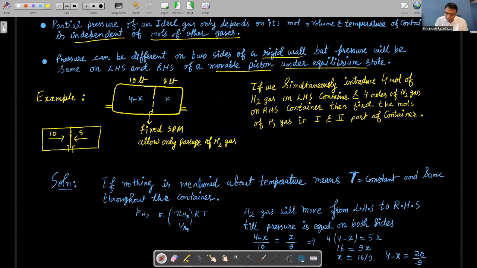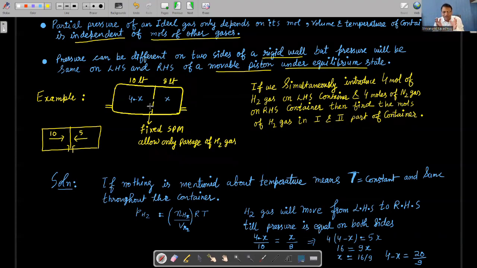So this piston is movable, and when the pressures on both sides are different, it will move until the pressure on the left-hand side is equal to the pressure on the right-hand side. But that is not valid for a fixed wall. Like a cooking cylinder: inside the cylinder the pressure is very high, outside the cylinder the pressure is 1 atm.